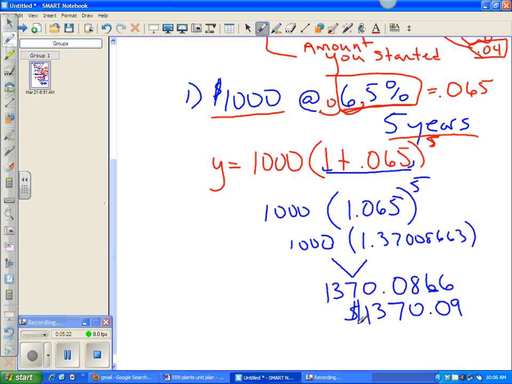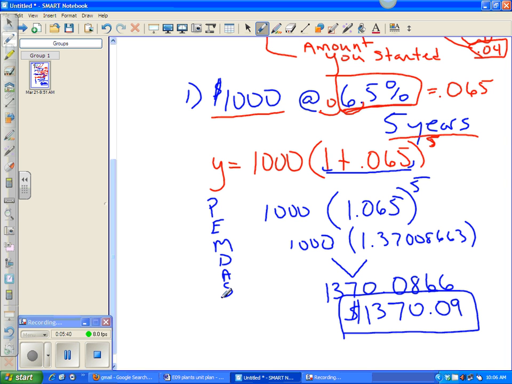You got to put a label on there. And this is my answer. So if you follow the rules of PEMDAS, and you memorize this formula, it shouldn't be a big problem for you to do any problems that look like this at all.